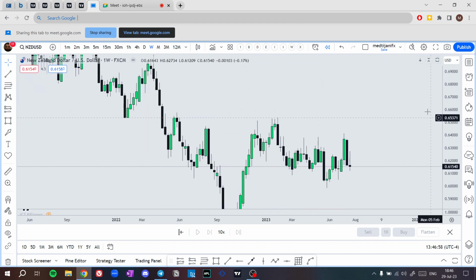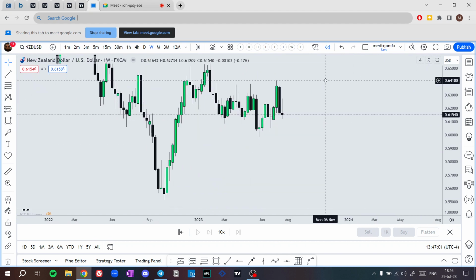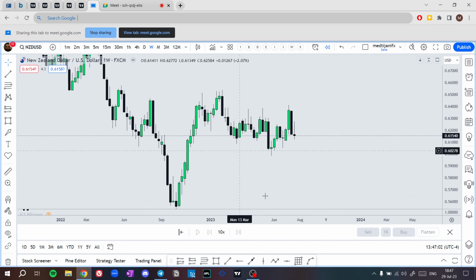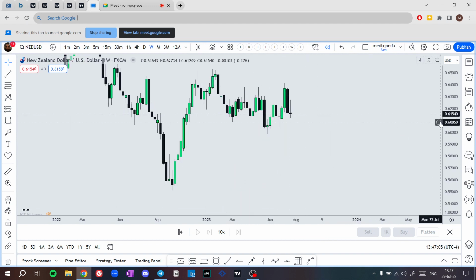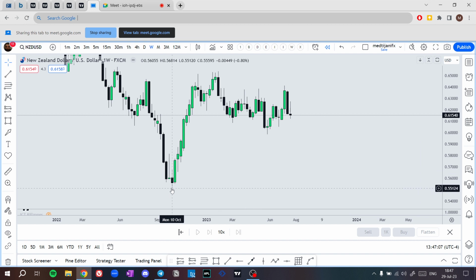I want you to explain to me from this low here to this point here, from Monday 10 October to Monday 24 July, what happened. Maybe weekly, daily, and 4 hour, just three time frames. Don't look for entries. Just look for trading ranges.